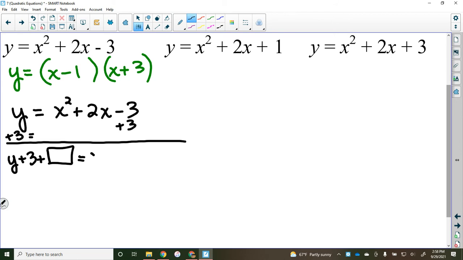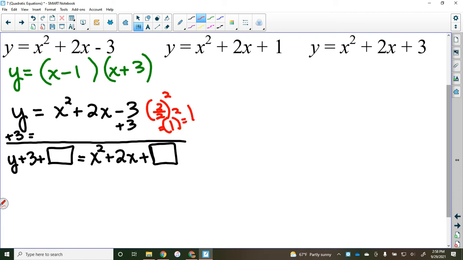And then here we have x squared plus 2x plus box. You take 2 divided by 2, and square it. You get 1 squared, 1. So y plus 4 equals what quantity squared? X plus 1. And then you just move the 4 back.